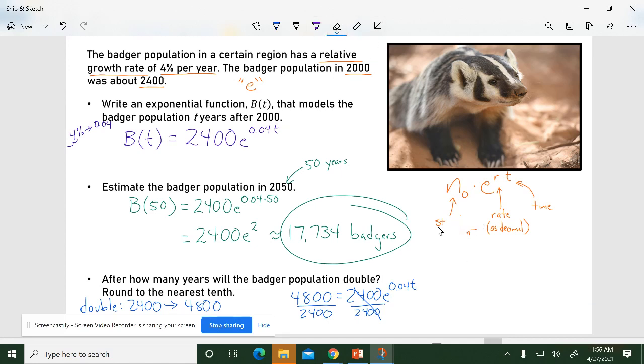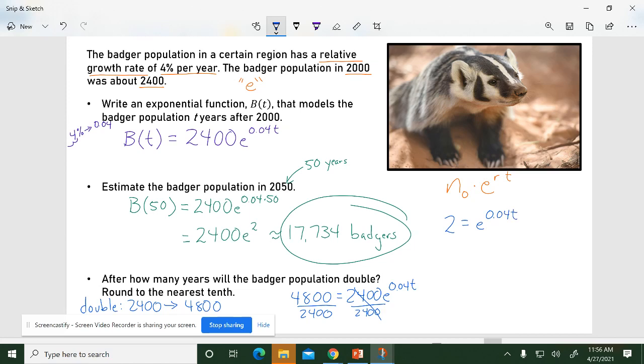I'm going to erase some stuff here to give us a little extra space. All right, so now I'm going to write this down. So we're going to have 2 after we divide equals, and all we're going to have on the right side is e to the 0.04t.